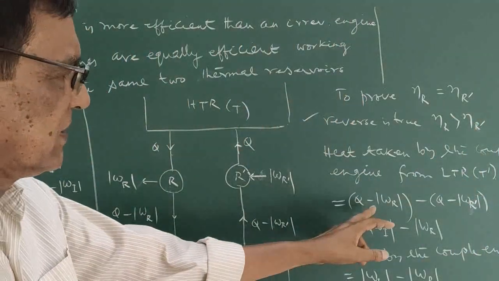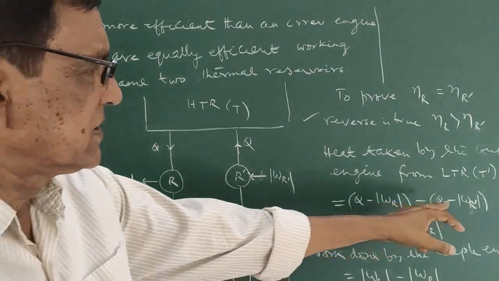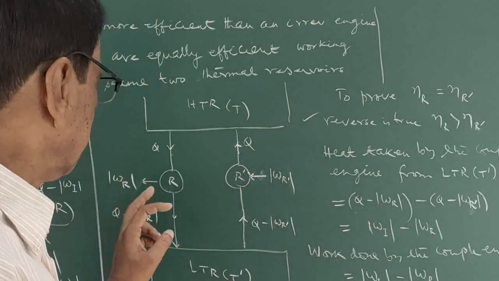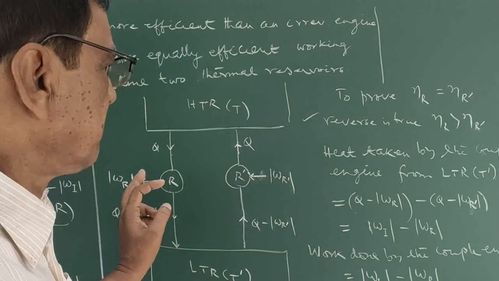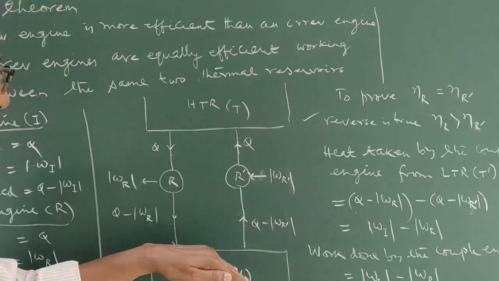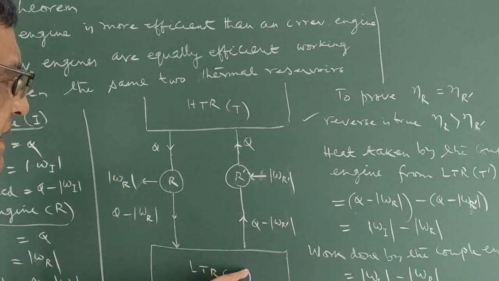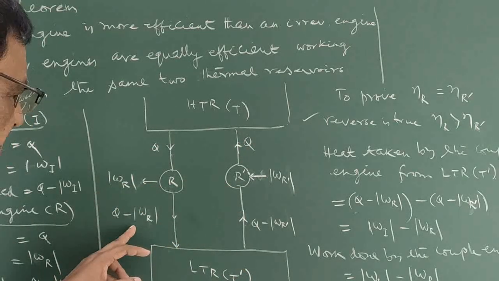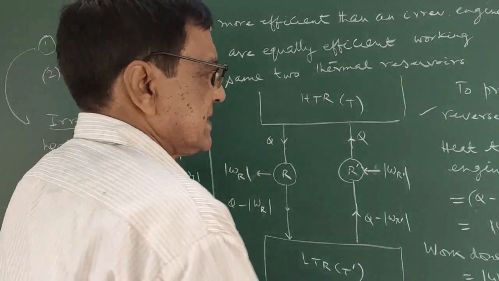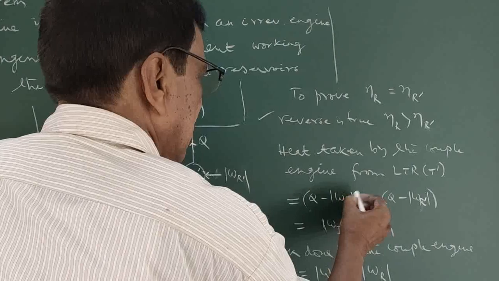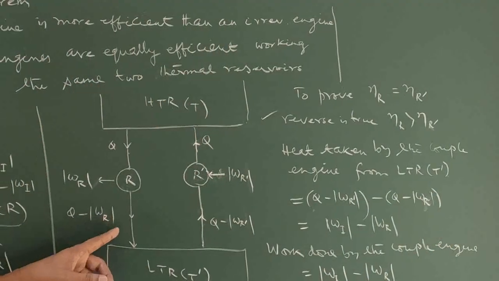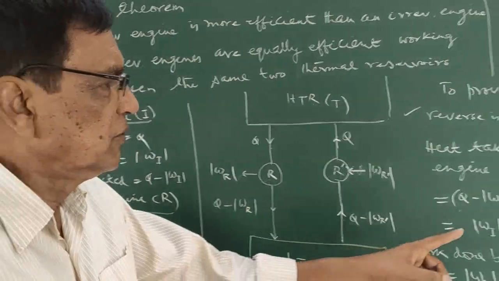So this is the work obtained and this is the work given. So work obtained is this minus the heat obtained. Heat is taken from this LTR. This one is taken Q minus WR dash, and this amount is given Q minus WR.